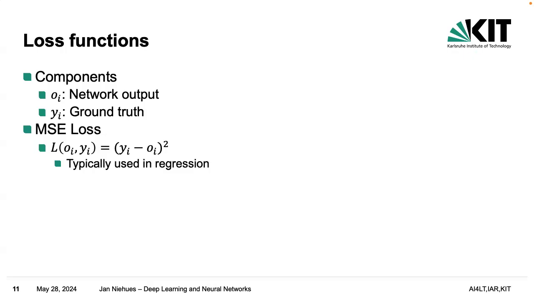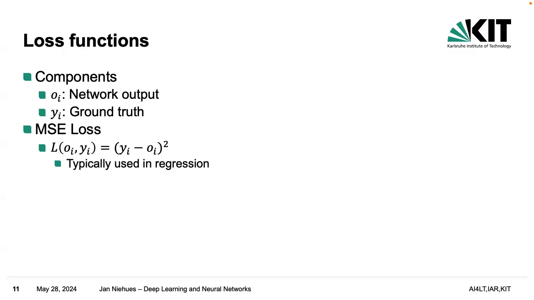If it's a vector, you can also calculate that. And this is typically done if we're having regression. So if you have to predict some real value, then it makes sense, because the nearer you are, the better it is. So this is the typical case.